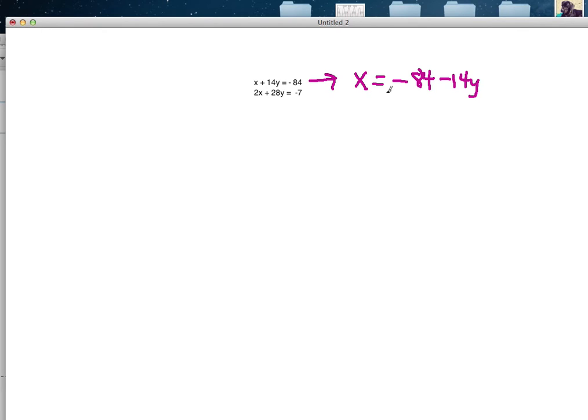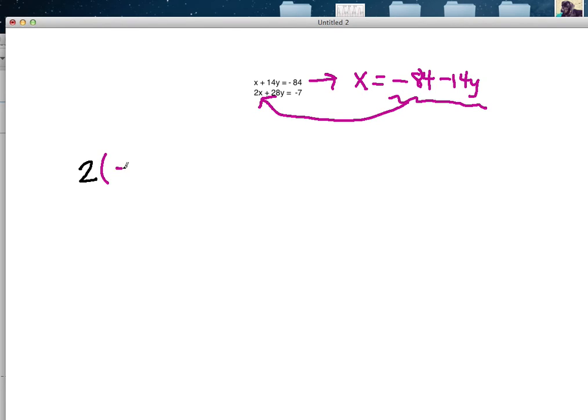Okay, now I have one equation where I have it solved for a variable. So now I'm going to take this x equals -84 minus 14y, and I'm going to take this part right here and plug it in for x. So what we have is 2, and now we're rewriting x as this right here, so we can get an equation just in terms of y.